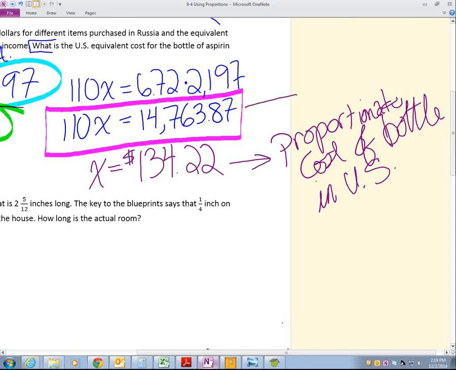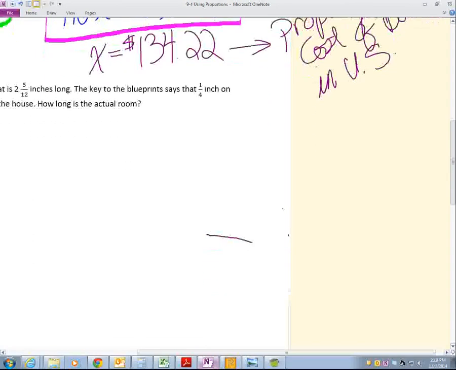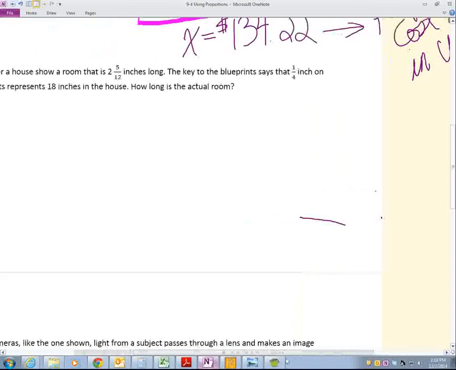Because I divided this number by 110 to get the variable by itself. That's the stuff that we did in review, and other classes got to see that, but you guys are going to be able to see the examples from the homework. Yes, sir? So where did you get the .22? He divided it by 100. Cool. All right. Good.